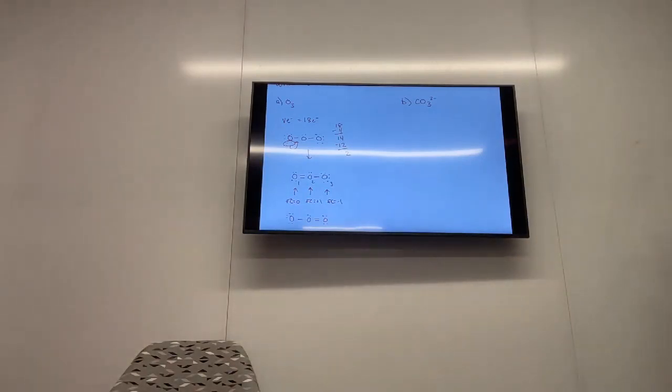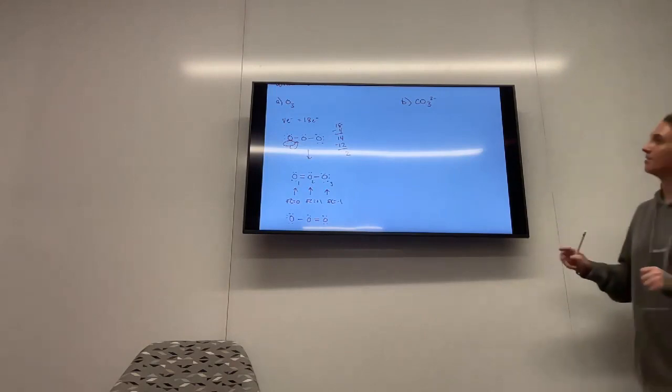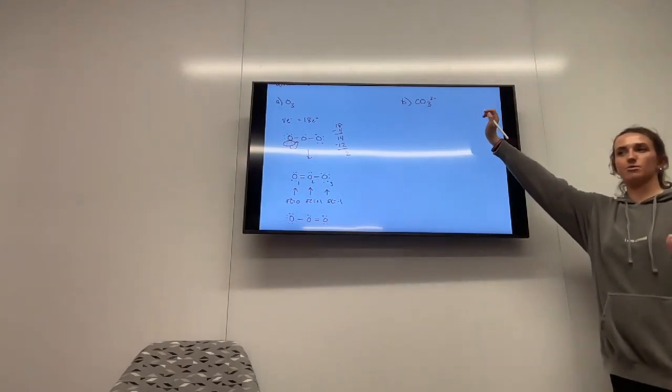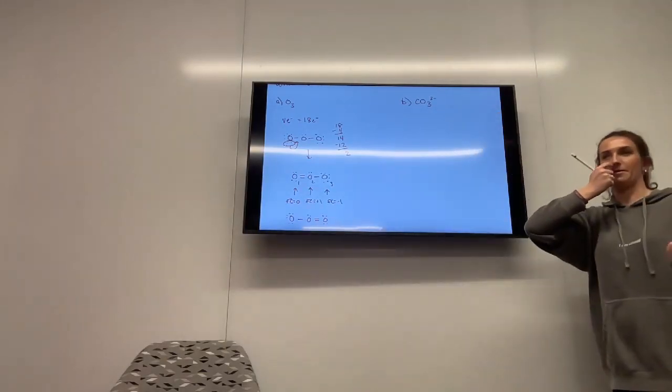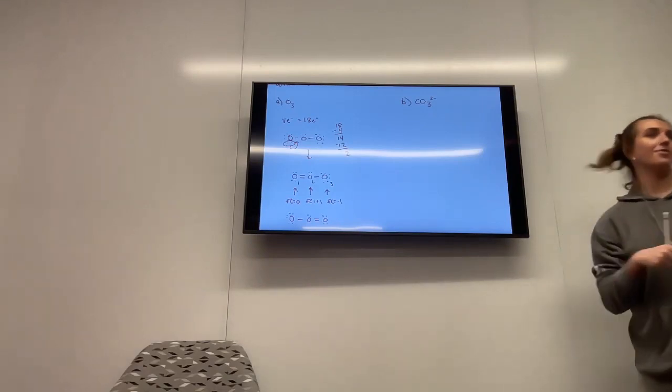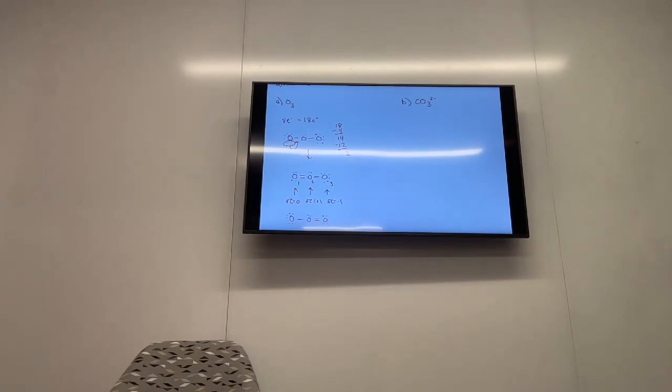What other questions? Okay. Do you want to try CO3 on your own again, or do you have an answer for that one? I got stuck. Okay, how many valence electrons does carbon have again? Carbon has 4. Okay.